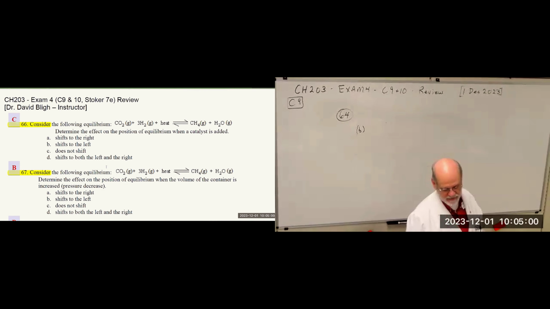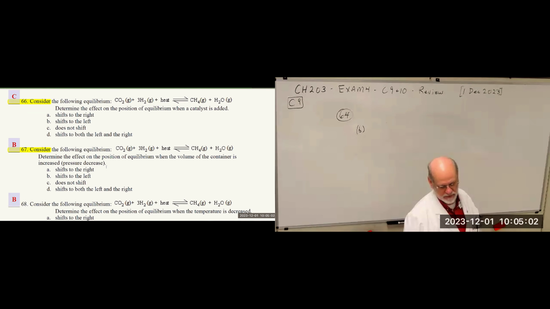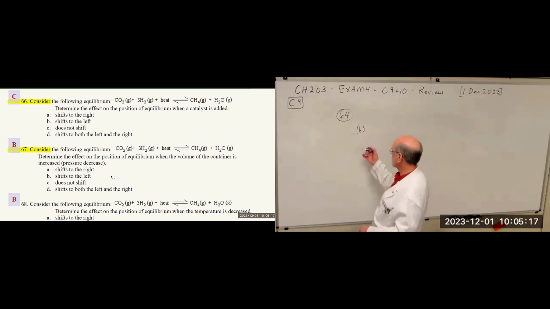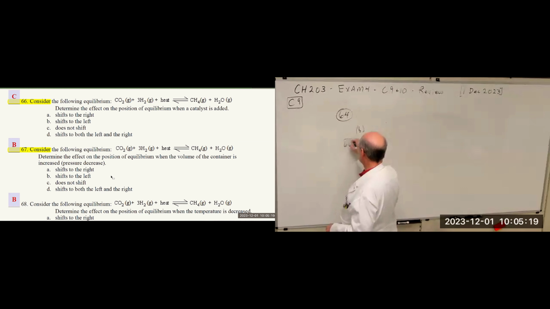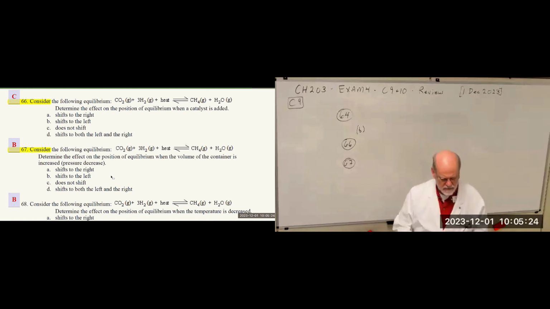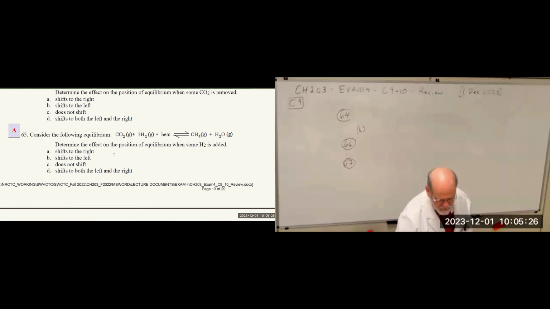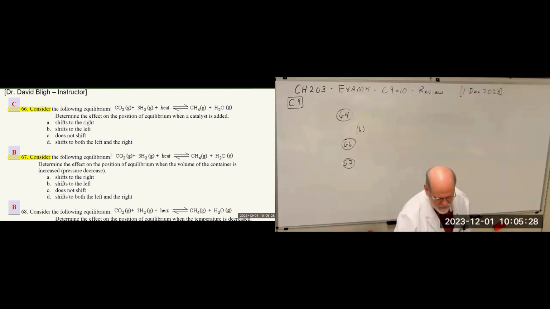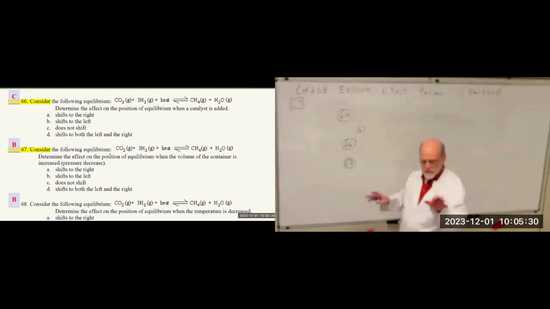The reason I'm emphasizing that is because several of the questions in this exercise require you to say which way is shifted. So now, since we have a balanced equation to reference here, 66 and 67 are the same reaction.